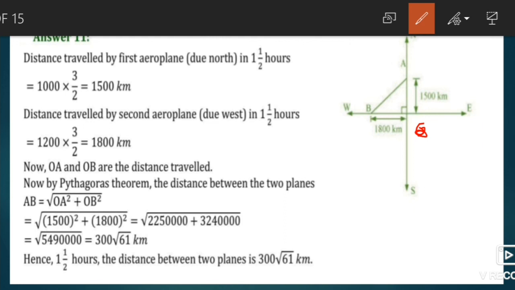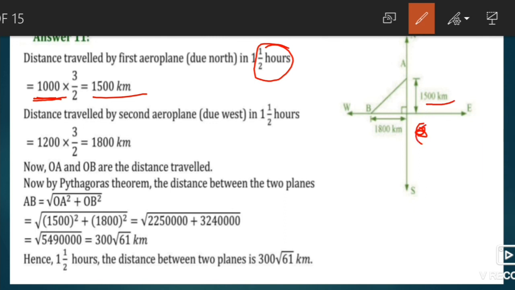The first aeroplane, which is moving in the north direction, is at the speed of 1000 km per hour and it travels for 1.5 hours. That means in 1.5 hours it will cover the distance 1000 into 1.5, that is 3 by 2, 1000 into 3 by 2, 1500 kilometers.